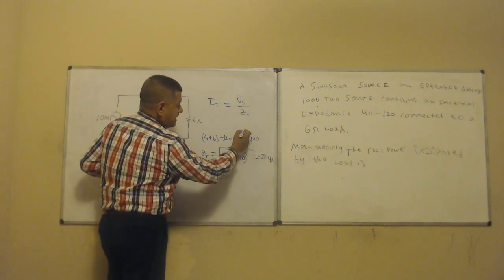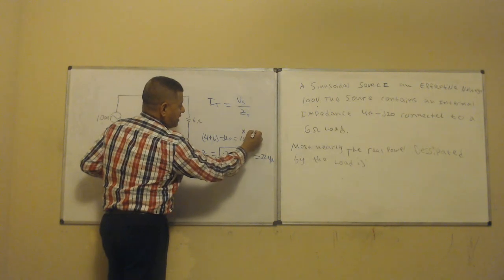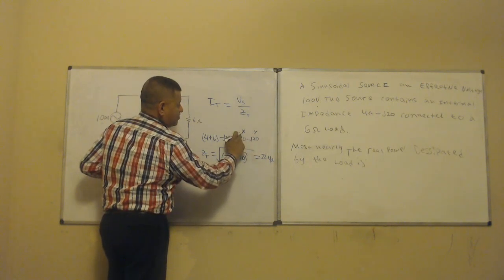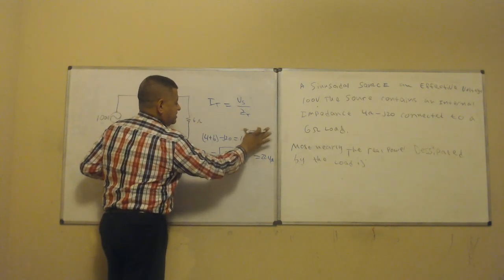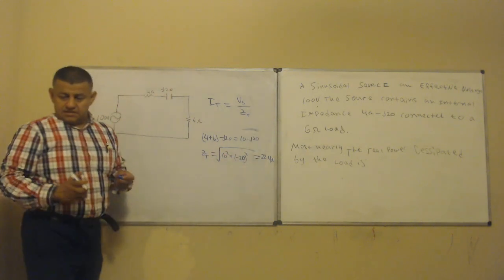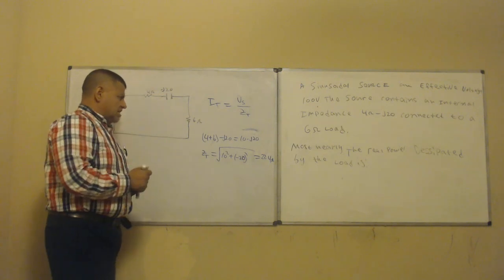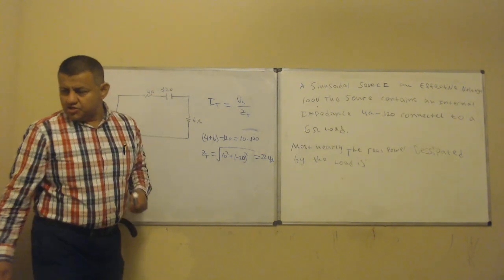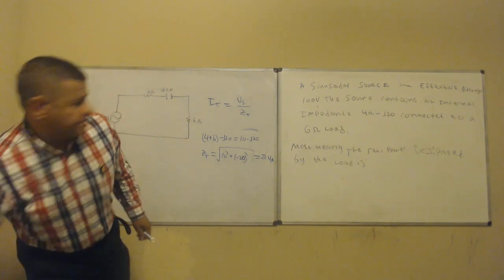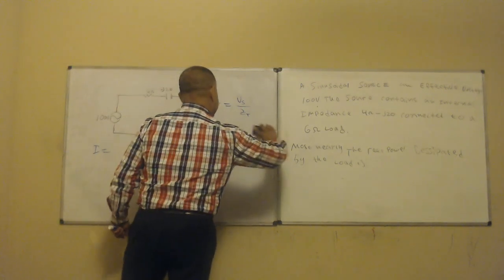Remember, this is like y, this is x, and this is y. This is the real, this is the imaginary piece right here, that's the part that corresponds to the imaginary, right?